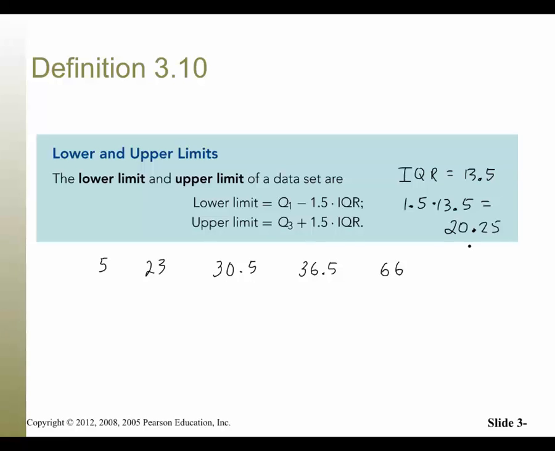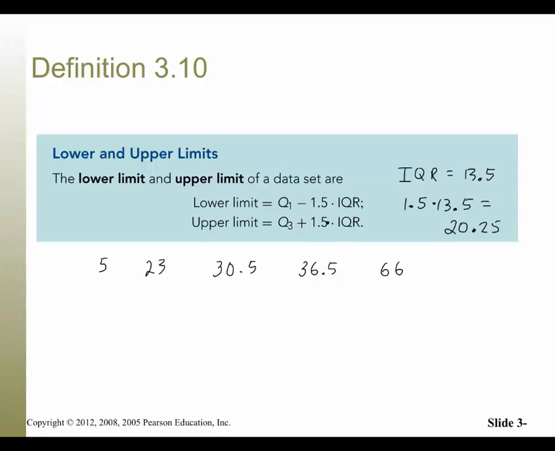And what we're going to do is subtract that from Q1 and add that to Q3 to get these numbers called the lower and upper limit.